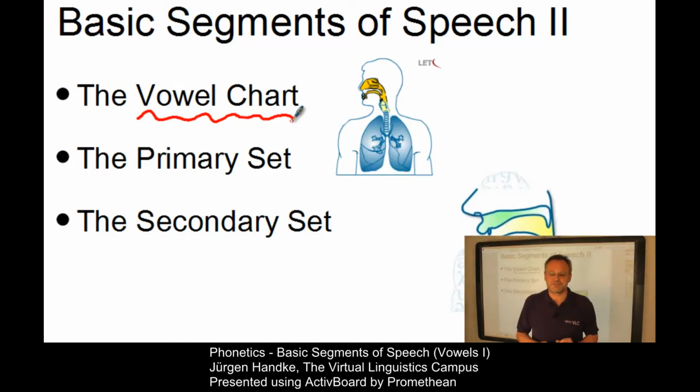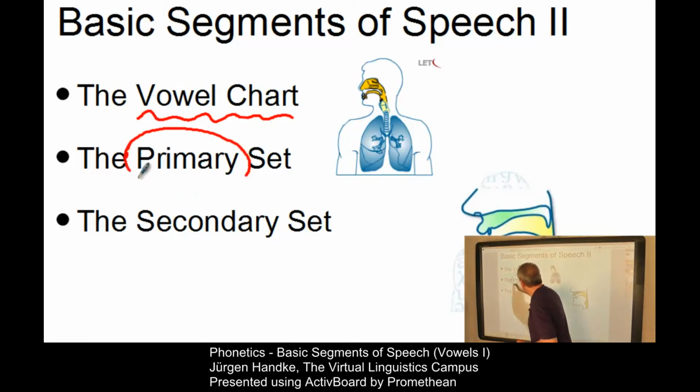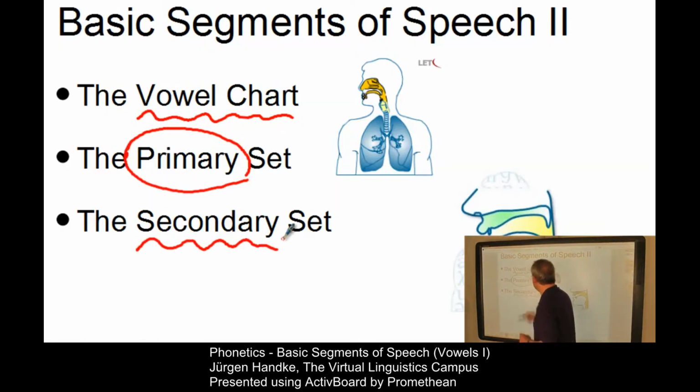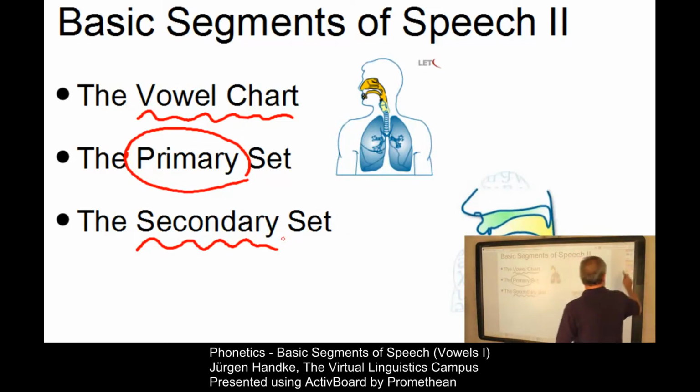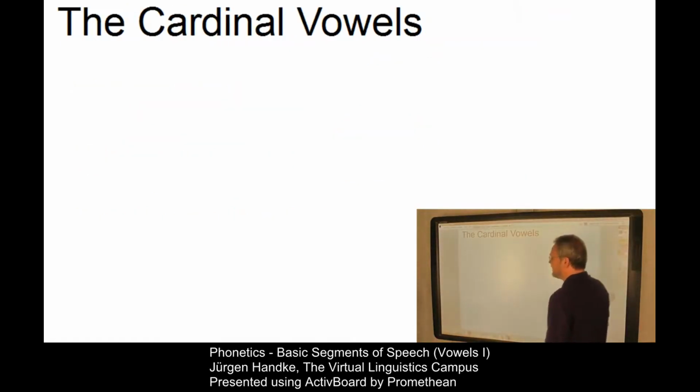Further topics that we will deal with are the difference between the so-called primary cardinal vowels and the secondary set of cardinal vowels. Let us start with the development of the cardinal vowel chart.